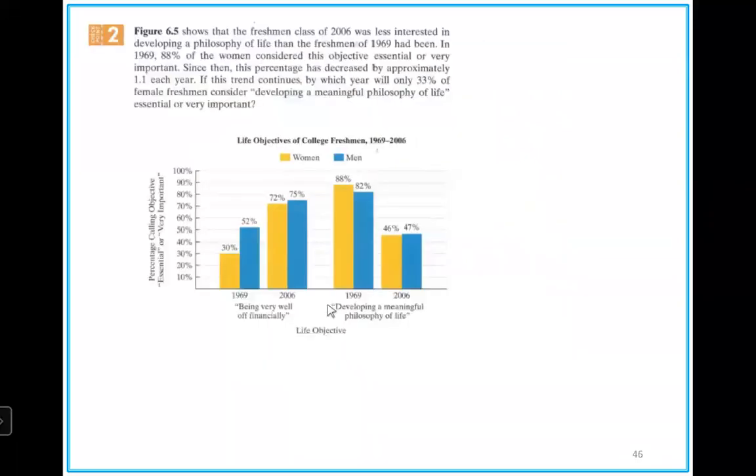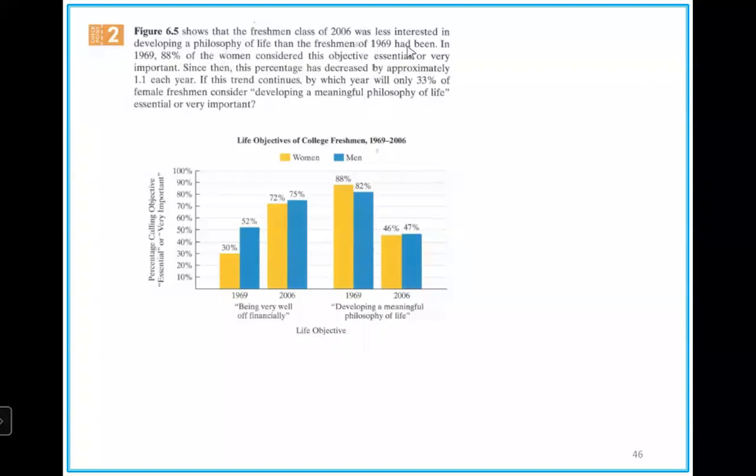All right, we're going to use that same scenario now to look at the other side. It says the freshman class of 2006 was less interested in developing a philosophy of life. The other one was being well off financially; this side is developing a meaningful philosophy of life, and here they're focusing on the women.